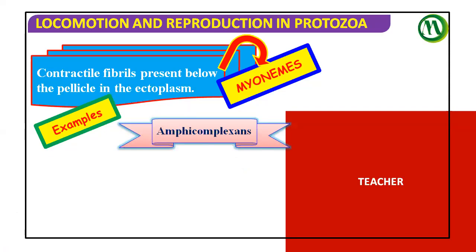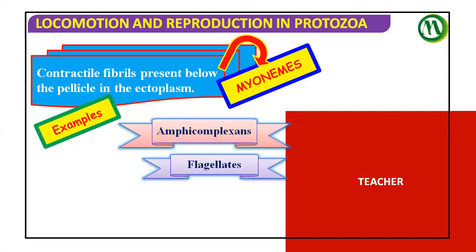So where do you see these particular myonemes? In epicomplexans, we have a small spelling mistake here. Epicomplexa. So in epicomplexans, we'll find this. Who are epicomplexans? I'll show you.